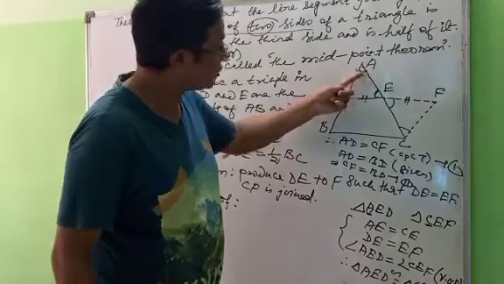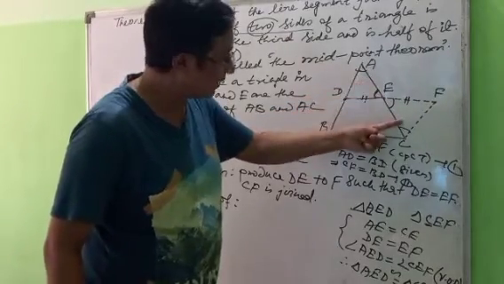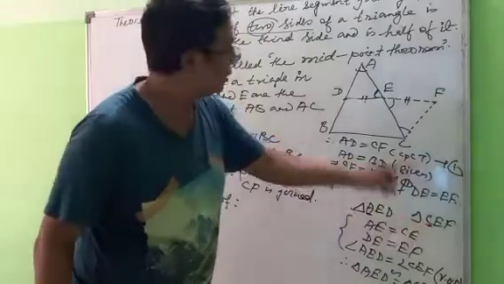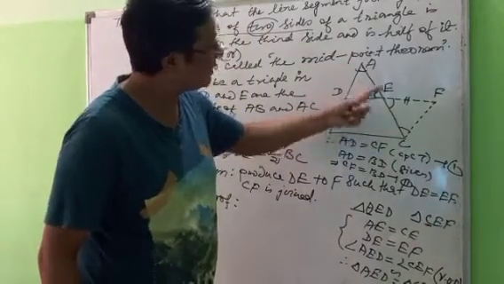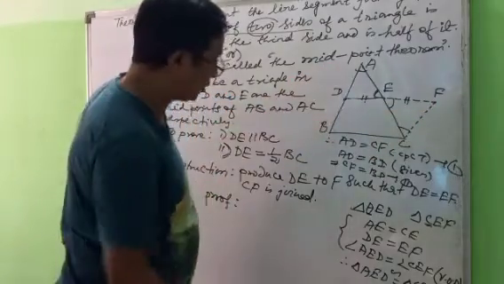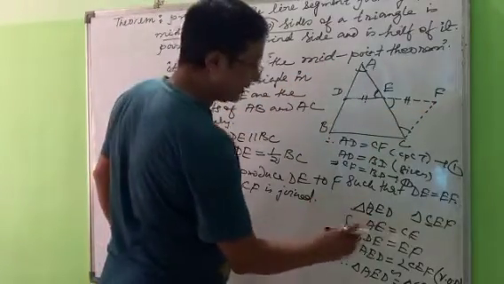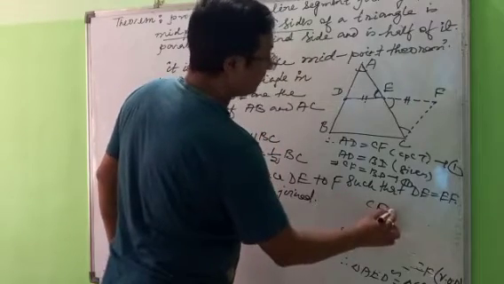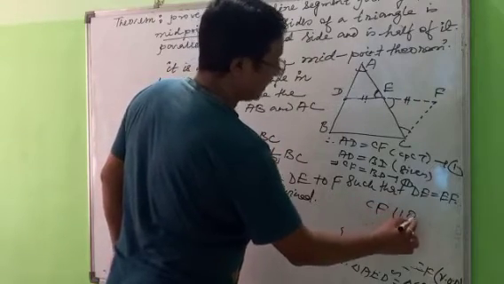But they form a pair of alternate angles. That is why CF is parallel to AB.